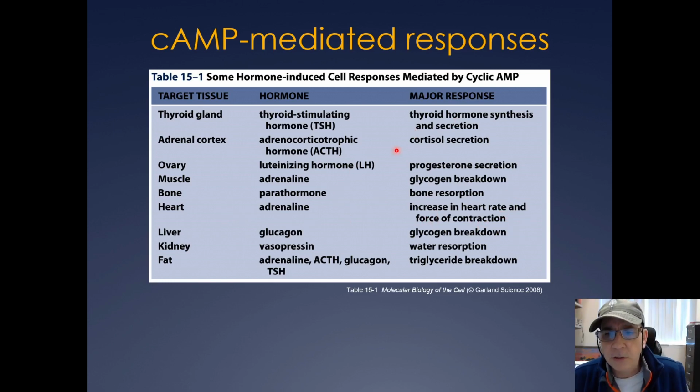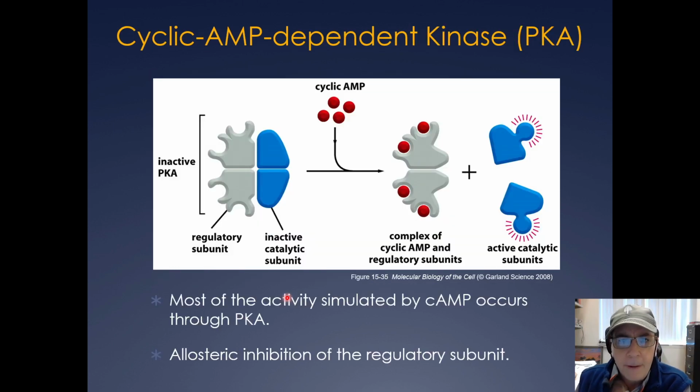You don't necessarily have to memorize them. Probably a good thing for the graduate students to know exactly what all of these do, but just in general, the goal here is for you to appreciate the cyclic AMP mediated responses and know that they're pretty diverse depending on the target tissue that it's occurring in.